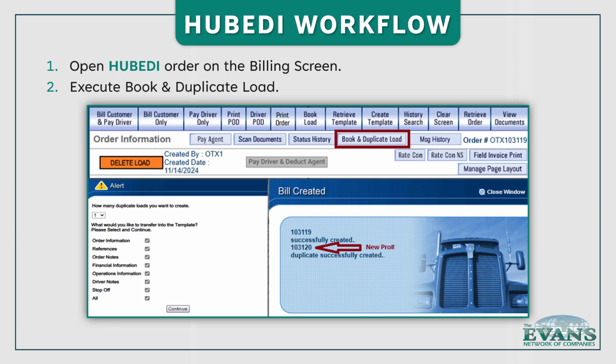As far as the workflow for HUBEDI, the easiest way per our IT team on how to create the accessorials, the secondary invoice, is to open the HUBEDI order on the billing screen in the agent portal. You will click on execute book and duplicate load.